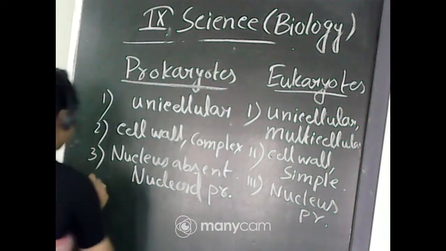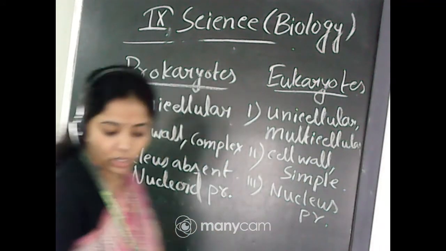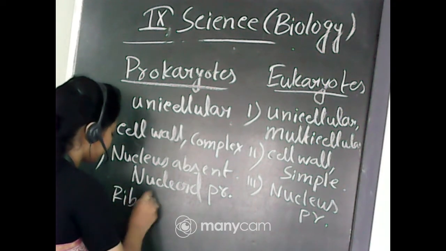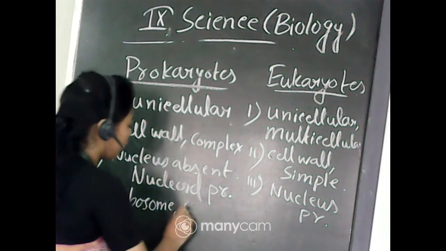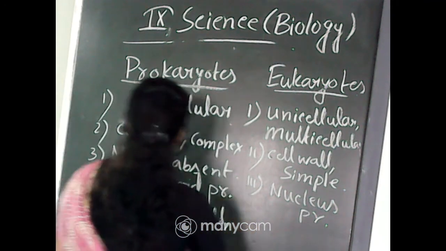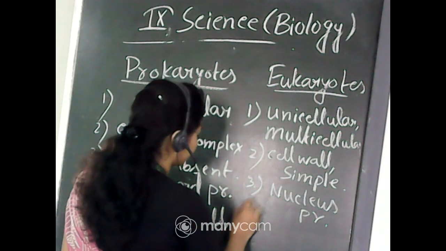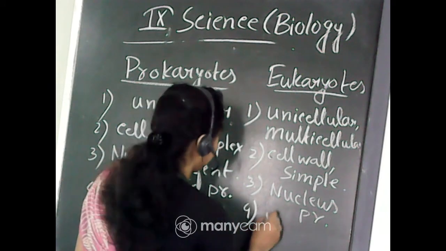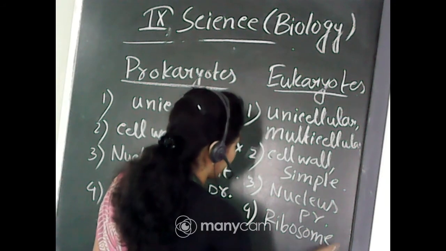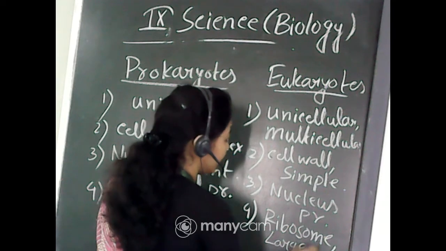Okay, the fourth point of difference: you must write ribosome. In prokaryotes, ribosomes are small and spherical, round in shape. In eukaryotes, ribosomes are larger than in prokaryotes and linear in shape.